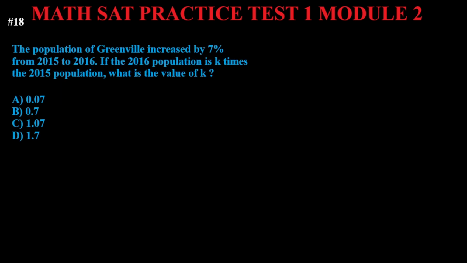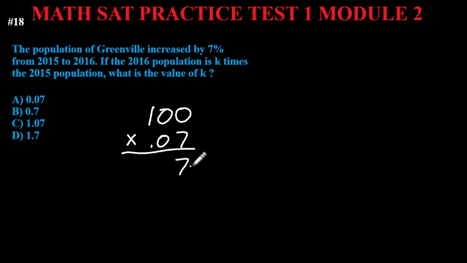The population of Greenville increased by 7% from 2015 to 2016. If the 2016 population is K times the 2015 population, what is the value of K? Let's say that I'm starting with 100 people. If I'm going to increase this by 7%, if I multiply times 0.07, then that gets 7. Then the next year, I'm not increasing the 7 by 7%.